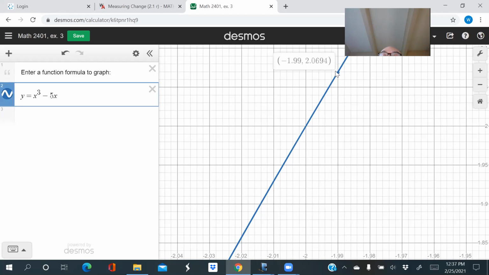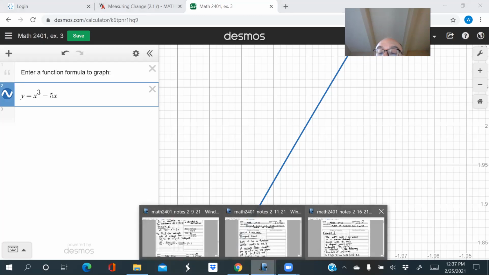There's -1.99, and the matching output there is 2.0694. So -1.99 and 2.0694. So there's a second point on the curve, but close enough to -2 that the curve appears to be a tangent line.